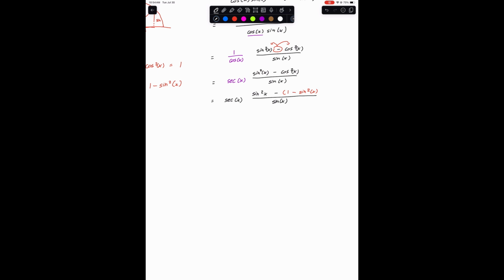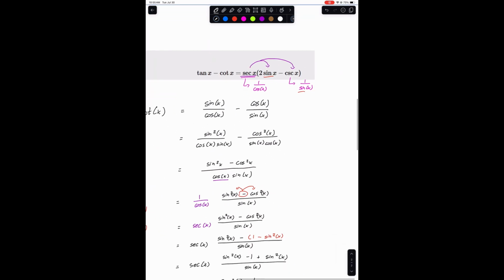We can distribute the parentheses, and we get secant x times sine squared x minus 1 plus sine squared x over sine x. Combine like terms, secant x times, wait, no, 2 sine squared x minus 1 over sine of x.